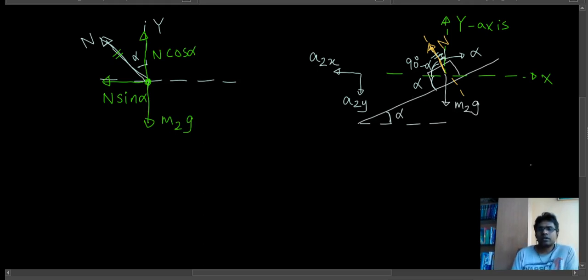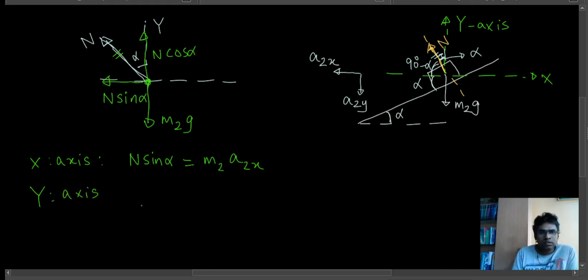Okay, so let's use Newton's second law. Along the x-axis there is only one force, which is n sine alpha. So I can write n sine alpha is equal to the mass of the bar, m2, times the acceleration a2x. Along the y-axis, the acceleration is in the downward direction, a2y.